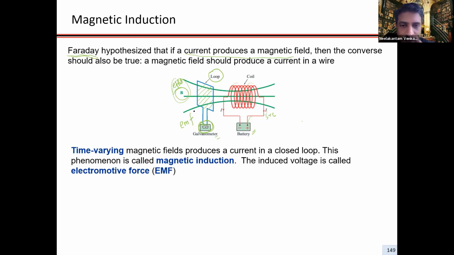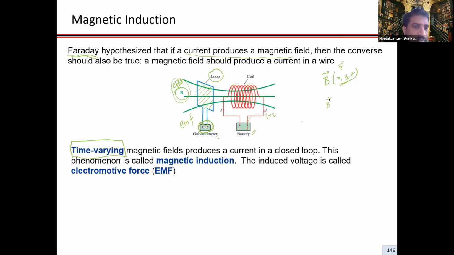But the catch is, for that electromotive force to be created, it needs to be time varying. So that's something new that you are reading. So far we know that the B field is a function of X, Y, and Z. It's a function of R, or a function of space.